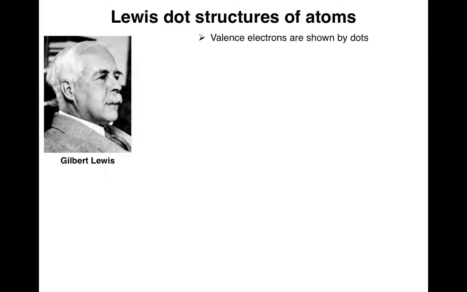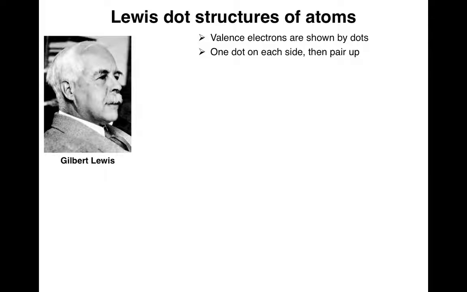The dots are placed on all 4 sides of the symbol of a chemical element, at the top, the bottom, left, and right. 1 dot is placed on each side before a second dot is placed on any side. No more than 2 dots can be placed on any side, so the total number of valence electrons for the element does not exceed 8.